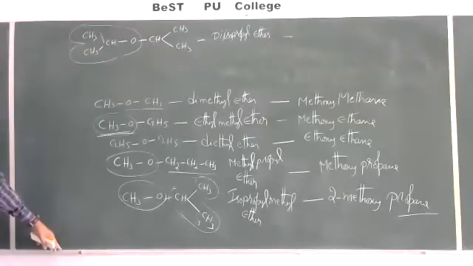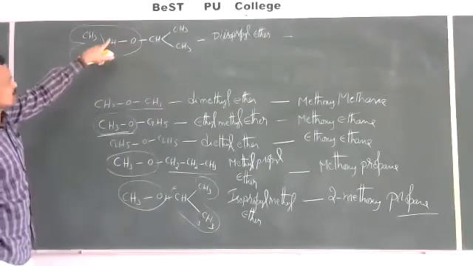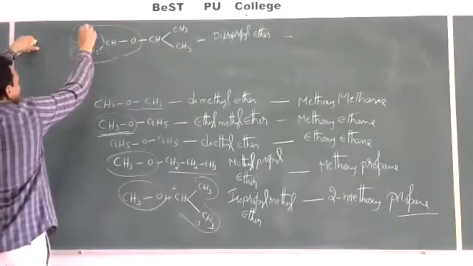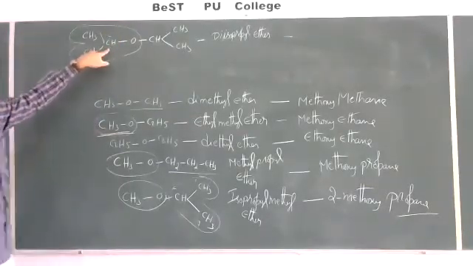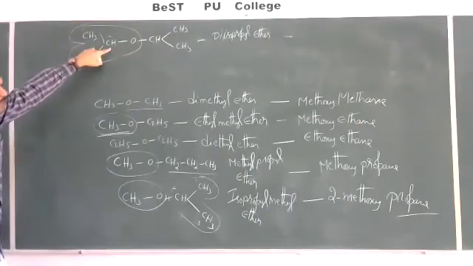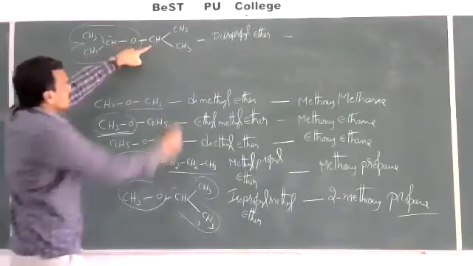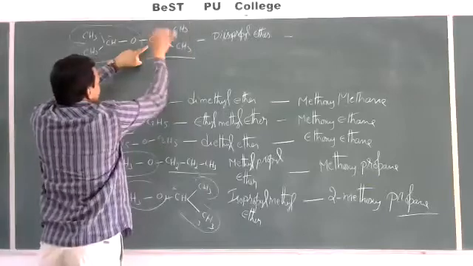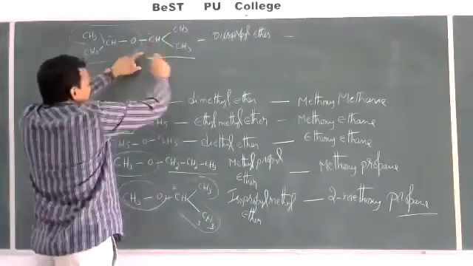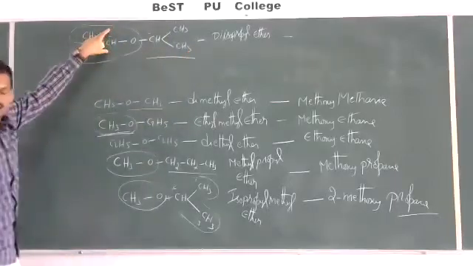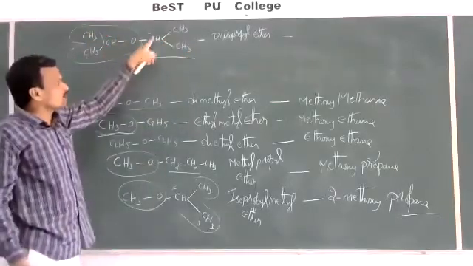Now this group is propoxy, but the oxygen is not bonded to the first carbon. This is the first carbon, this is the second carbon, this is the third carbon. This is a 2-propoxy, and this 2-propoxy group is present at what position of this alkane? Again, it is at the second position only. This is taken as the parent alkane and the other is named as alkoxy. What is the parent alkane? Propane.